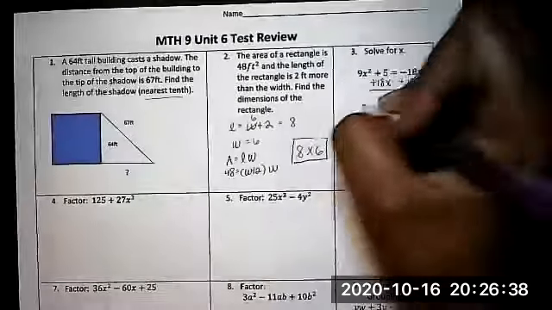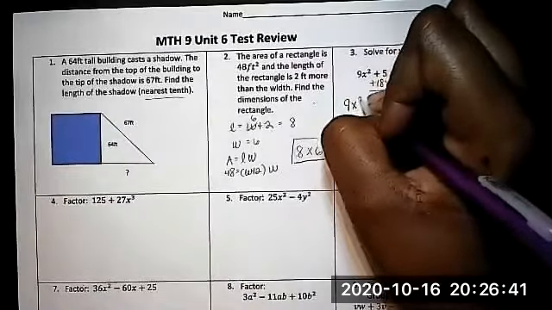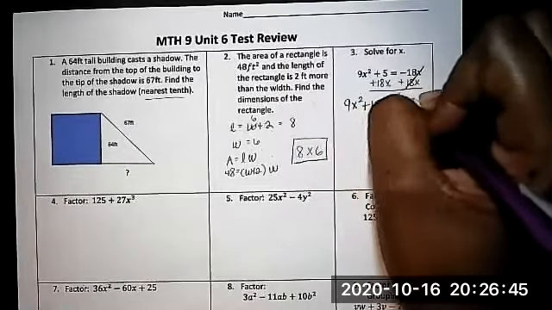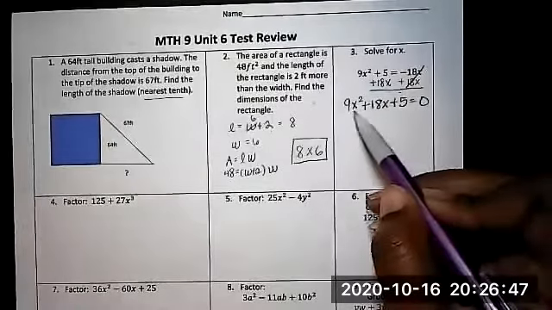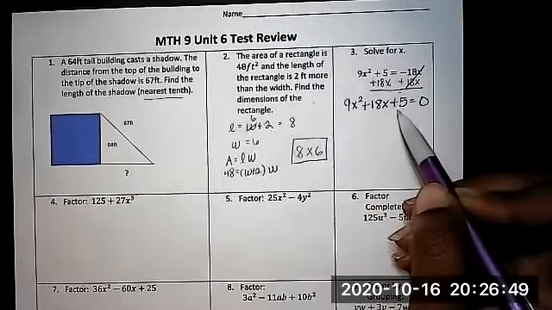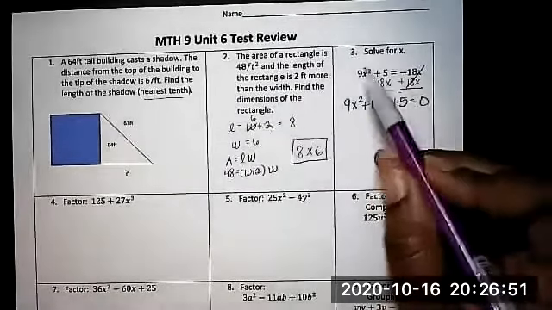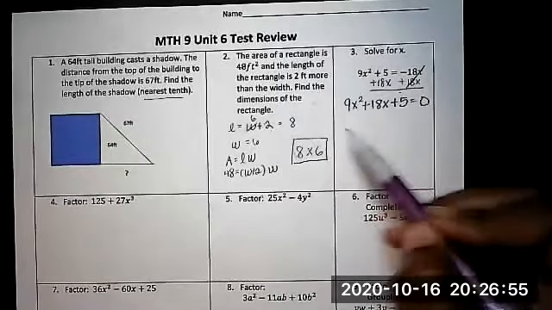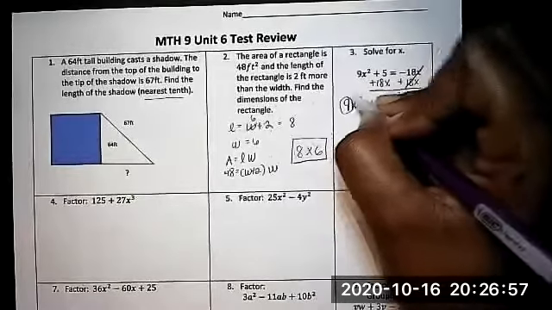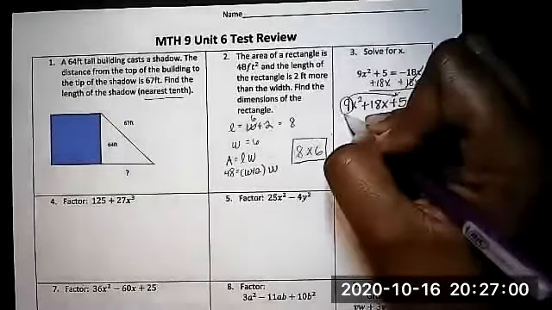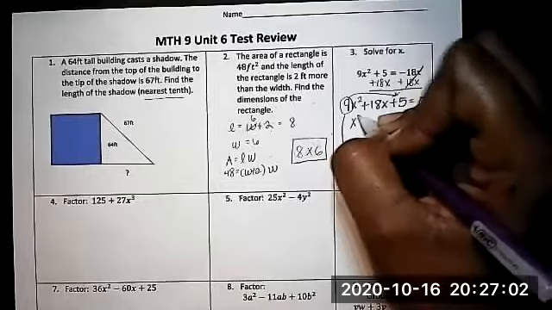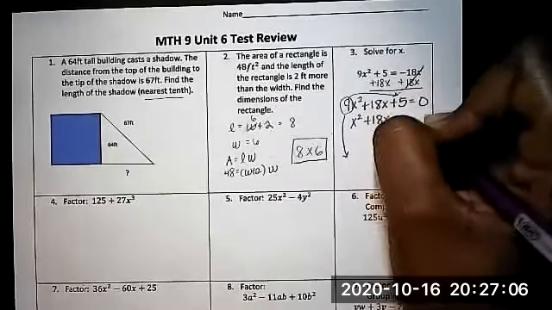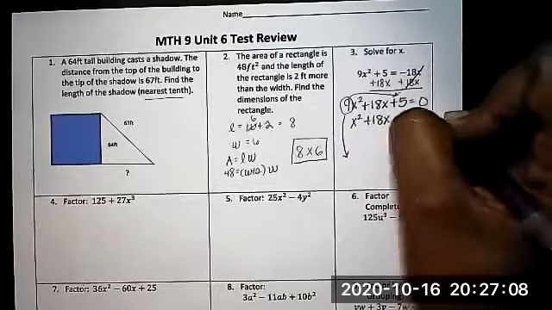So this becomes 9x squared plus 18x plus 5 equals 0. I put the squared, the x, and the number all next to each other. I couldn't combine them because one has x squared, one has x, one doesn't have anything. Now I need to factor this. So I have x squared plus 18x, and 9 times 5 gives me 45, equals 0.